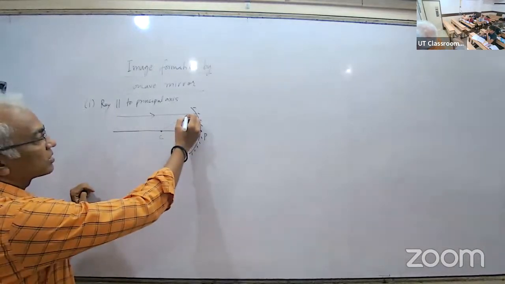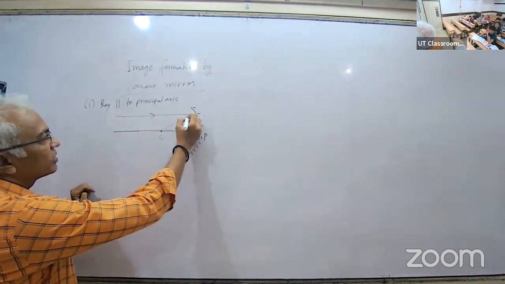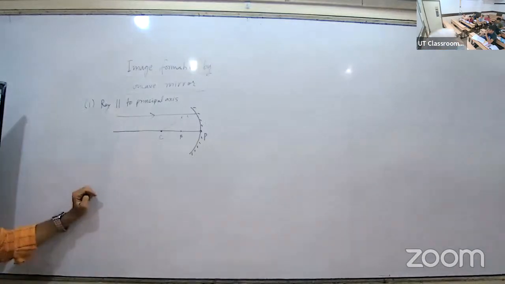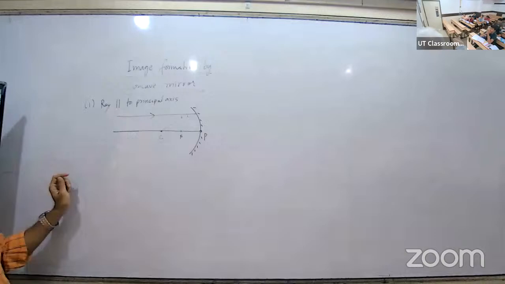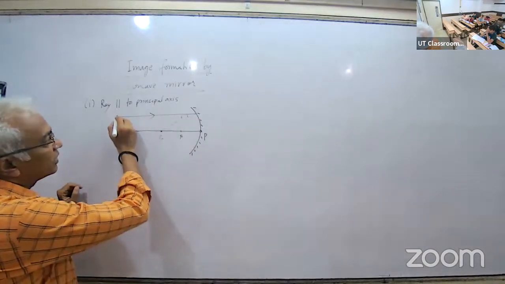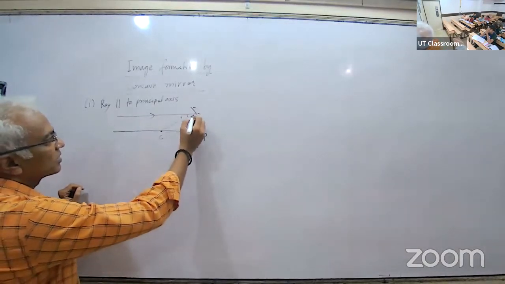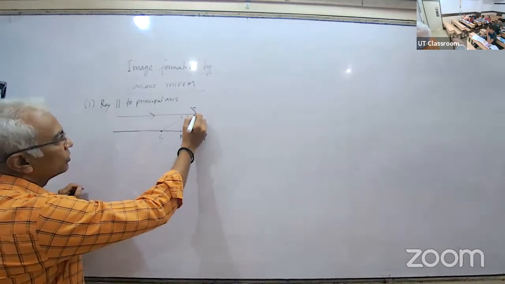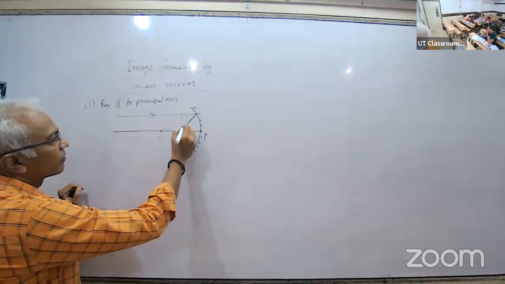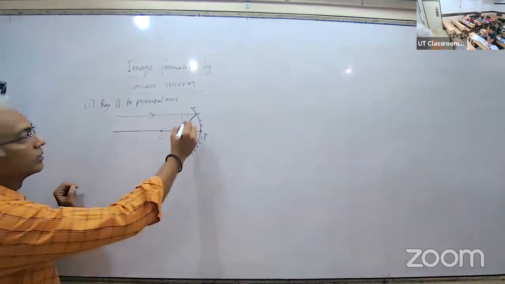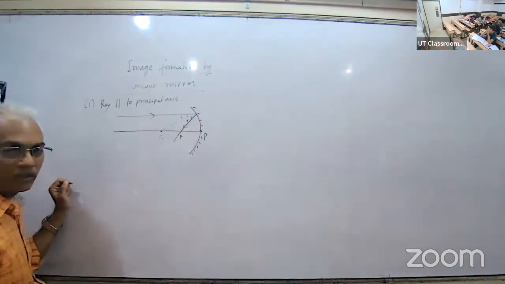Now, once I draw the normal, I get the angle of incidence. Correct? Now I will construct the angle of reflection. So you will see that whenever the ray travels parallel to principal axis, the reflected ray always goes through focus. Okay? So this is the reflected ray.